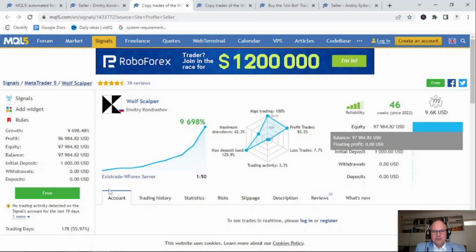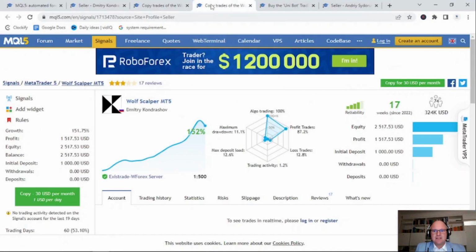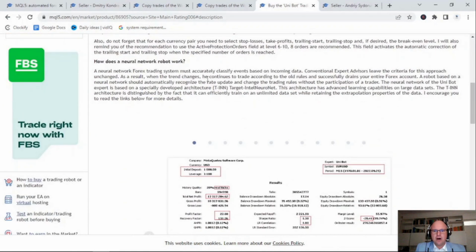This is a demo version of the bot that is being copied by 772 followers and has been running for the last 46 weeks. So before purchasing an expensive bot, always make sure that there is a reliable signal service that shows how the bot will work in the actual market.